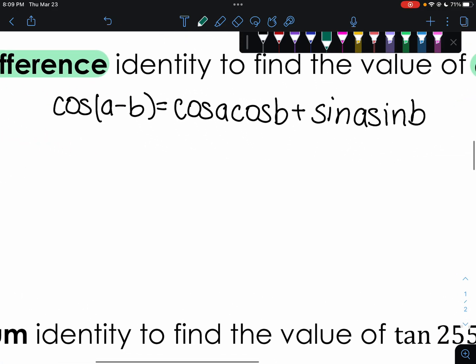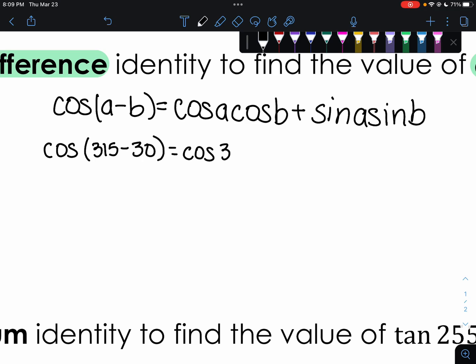So here we go. We have cosine of 315 minus 30 is equal to cosine of 315 times cosine of 30 plus sine of 315 times sine of 30.